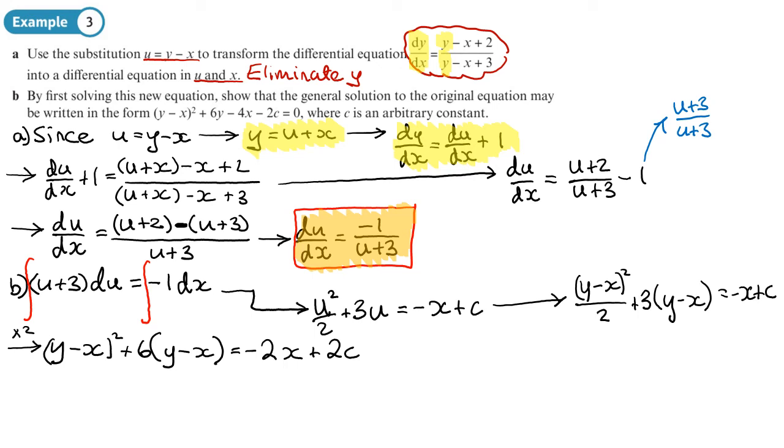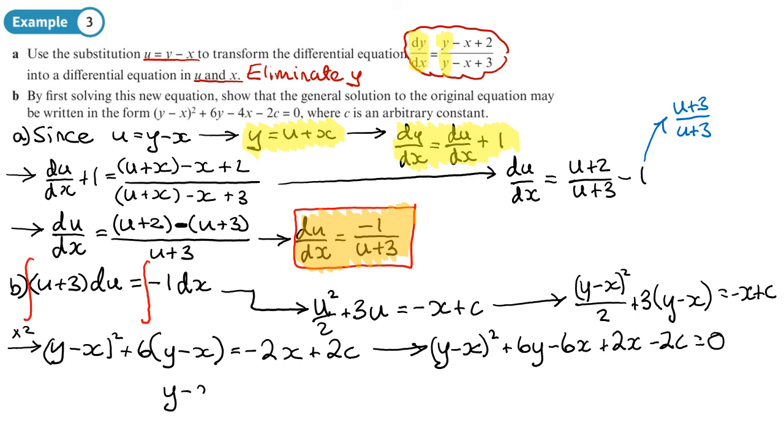So if I now move the minus 2x and 2c across, y minus x all squared, then I'll expand the bracket, so 6y minus 6x, and then move the 2x across, so plus 2x and then minus 2c equals 0. I don't need to expand the brackets because I'm looking at what they want.